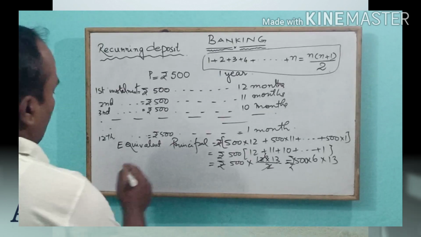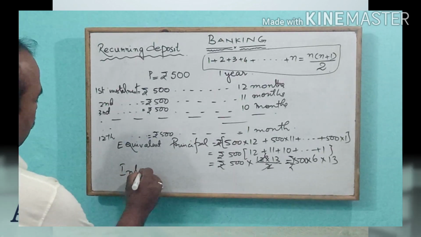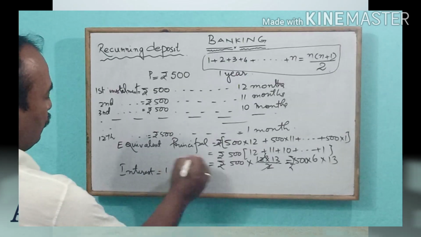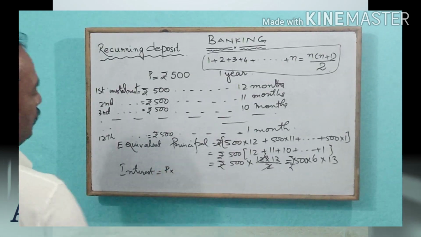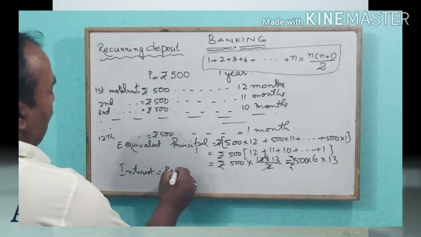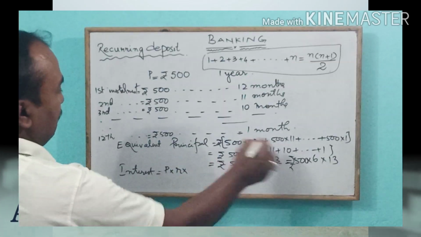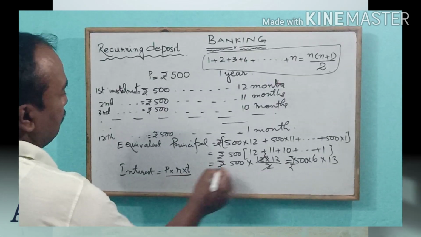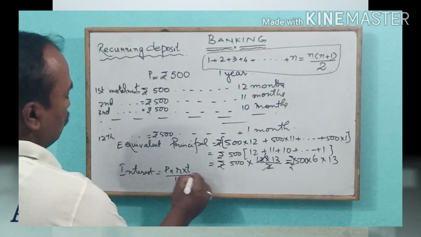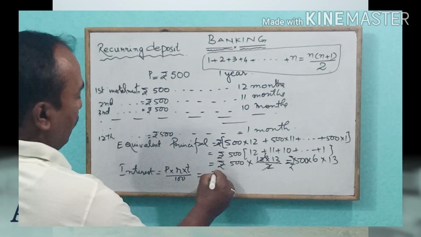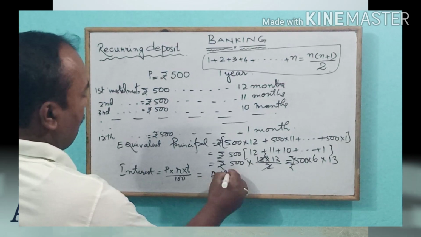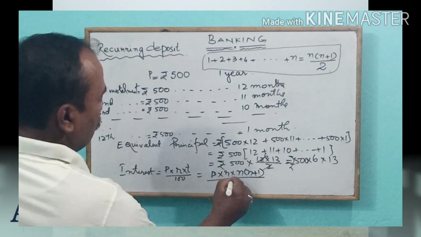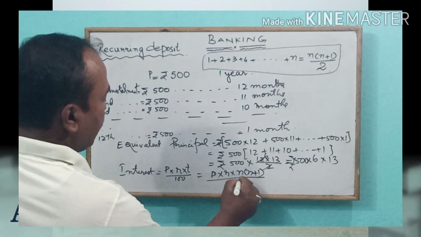So interest will be, this is the equivalent principle, whatever it is, into R into T. T is n into n plus 1 by 2. So whatever is P into R into n plus 1 by 2 into 100.